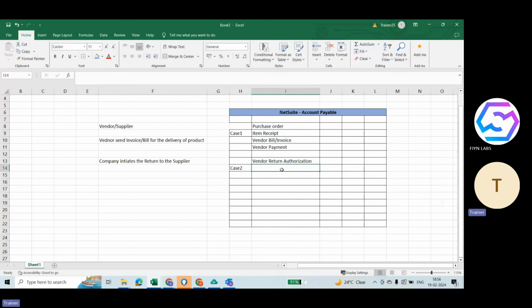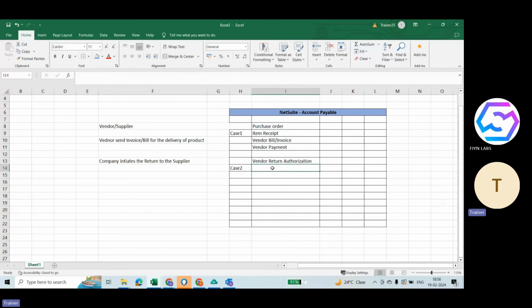But from Amazon's point of view, if Amazon is buying a product from a different supplier and receives a bad product, then it will definitely return that product to the supplier. That is considered under vendor return authorization.